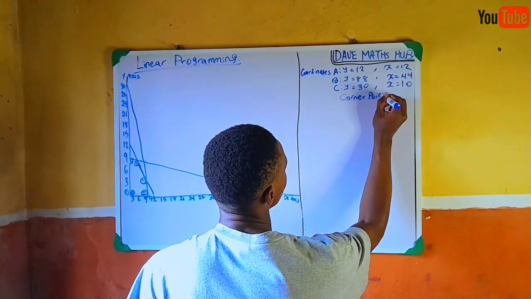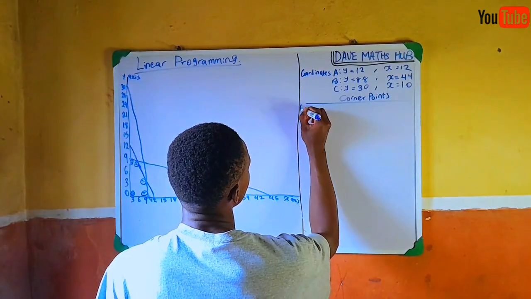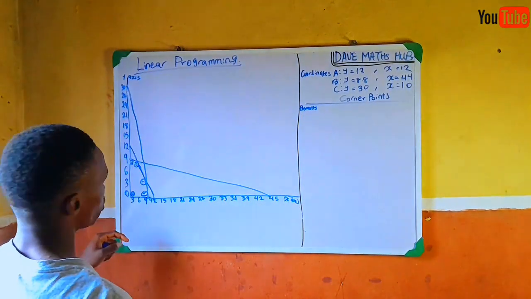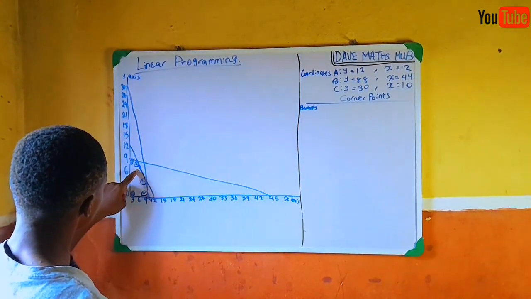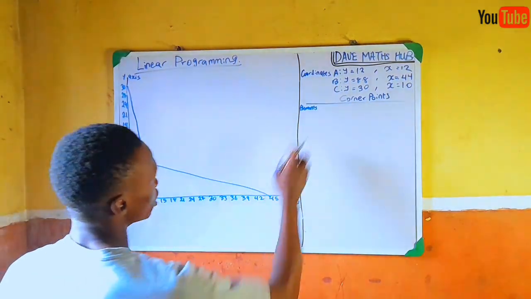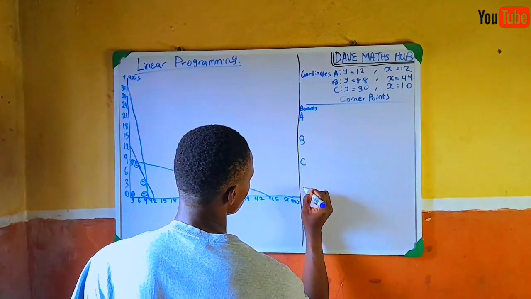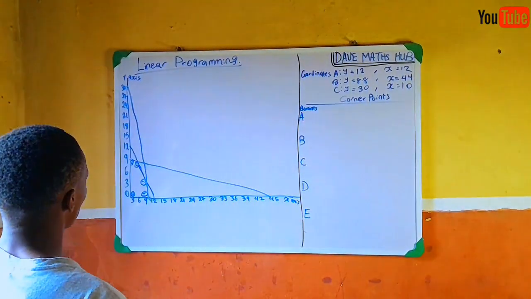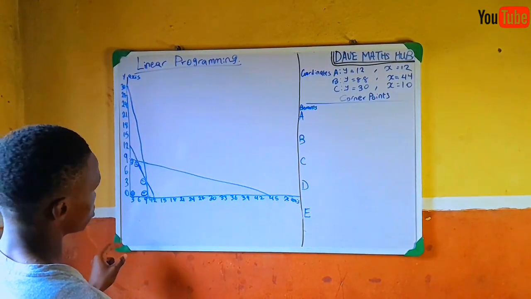So you begin with stating the elements, which are what brought about the corner points: A, B, C, D, E. We have A, we have B, we have C, we have D, and we have E. Those are the elements. Now, what numbers do they carry attached to them?